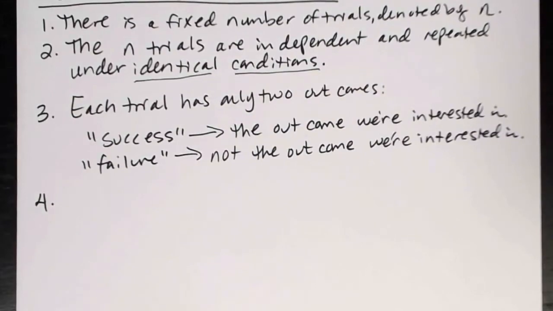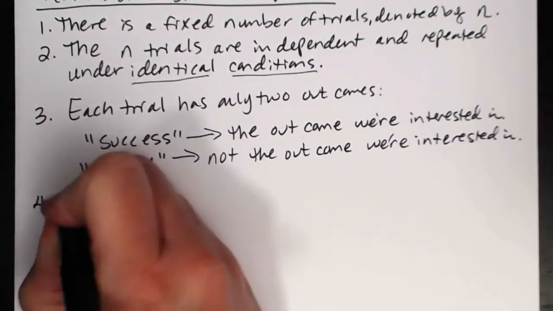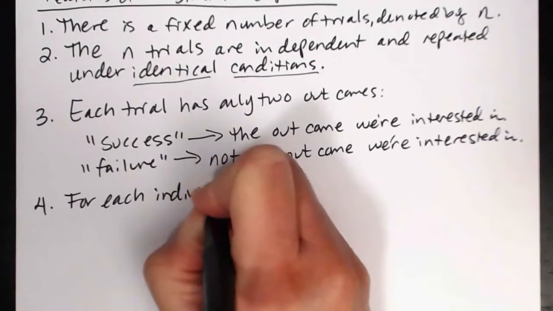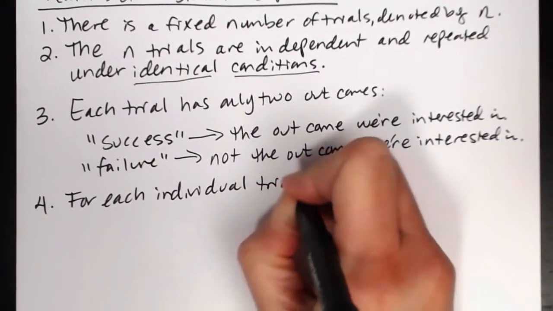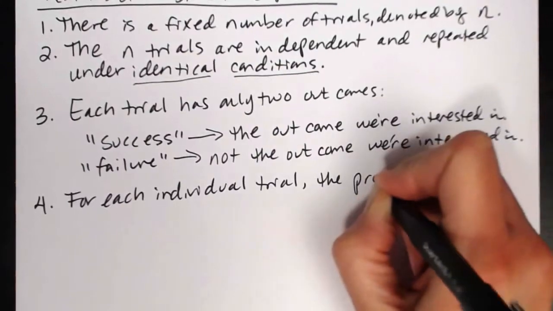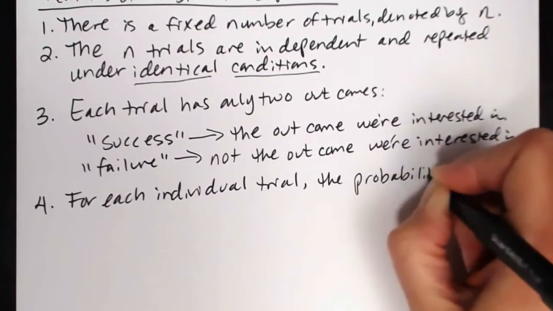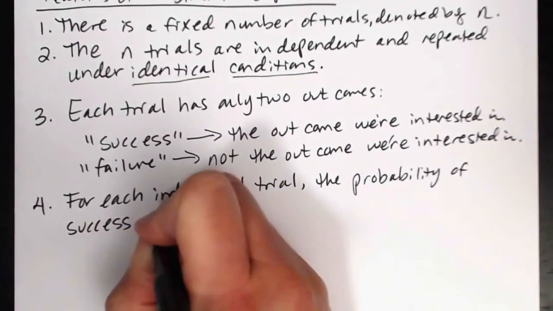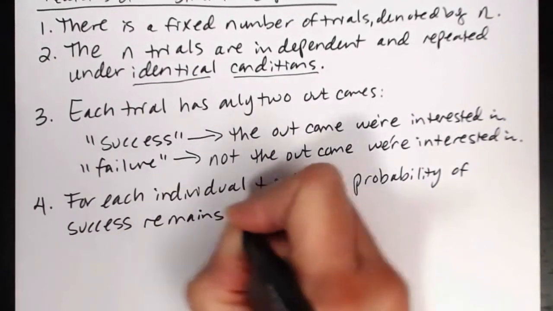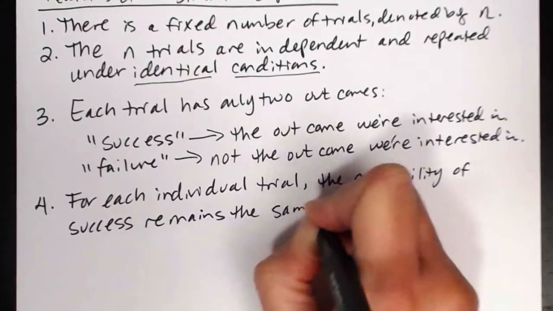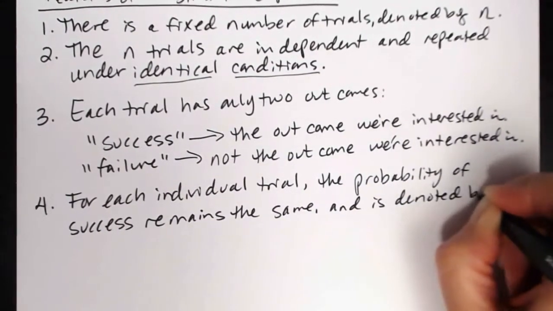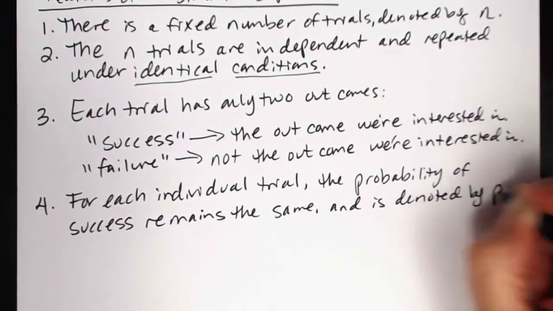Feature number 4. For each individual trial, the probability of success remains the same, and is denoted by the lowercase letter p.